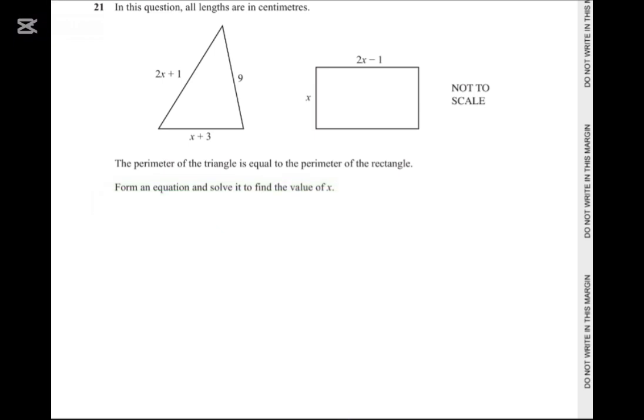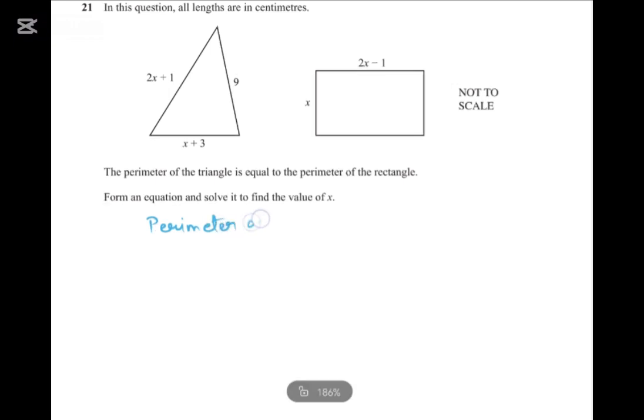Let us write the perimeter of the triangle first. We have to add all three sides of the triangle. Write down 9 plus x plus 3 plus 2x plus 1. If you simplify, adding constants, 9 plus 3 is 12, 12 plus 1 is 13, and x plus 2x is 3x. 3x plus 13 is the perimeter of the triangle.